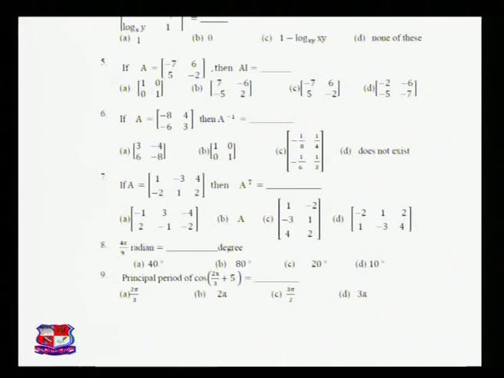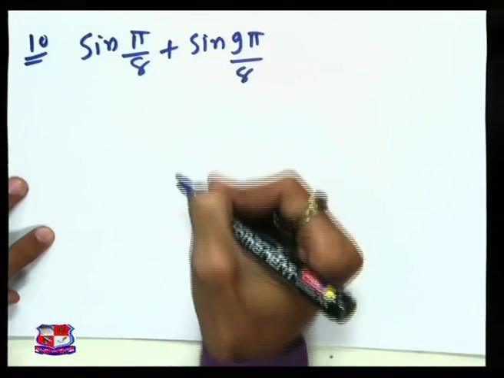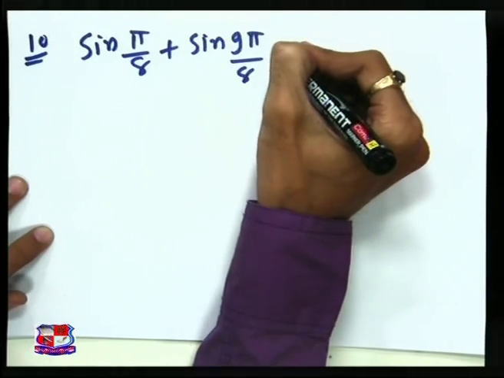The 10th question is sine pi by 8 plus sine 9 pi by 8. Okay, so we need to find the answer of this question.